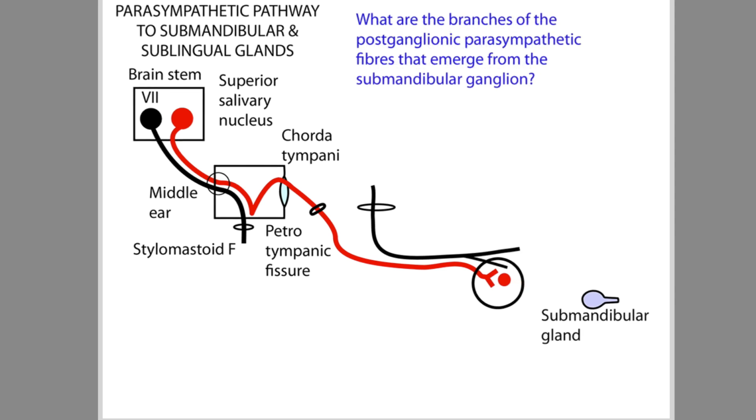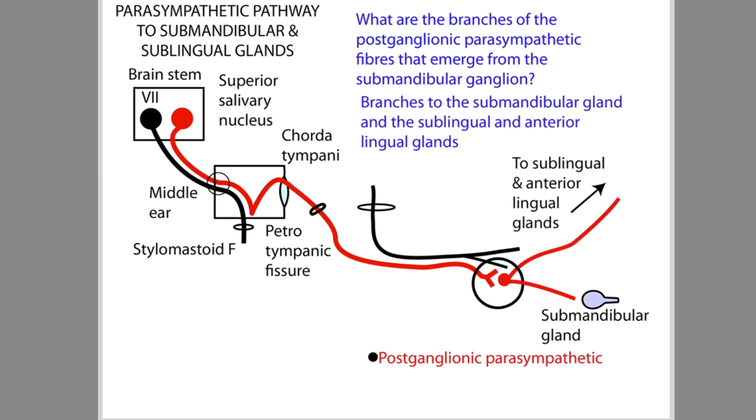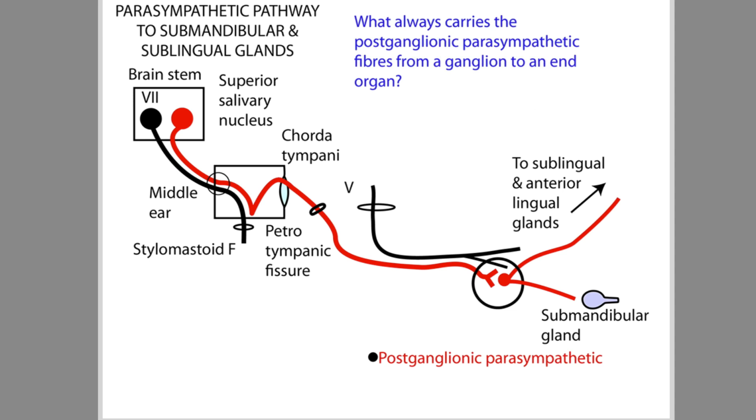Now, what do these branches of the postganglionic parasympathetic fibres do when they emerge from the submandibular ganglion? They go to supply the submandibular gland and the sublingual and anterior lingual glands. We know that these postganglionic parasympathetic fibres can't run by themselves, and they are always carried by specific nerves from the ganglion to their end organ.